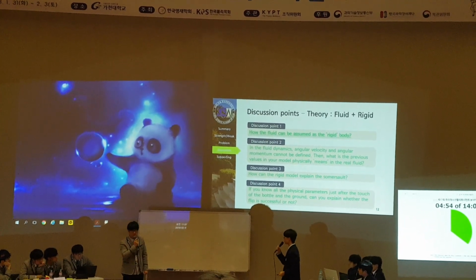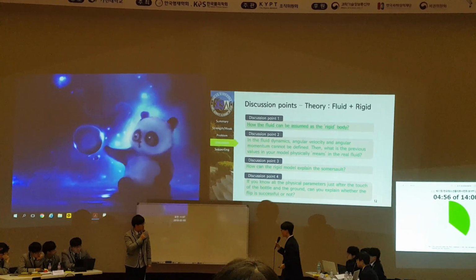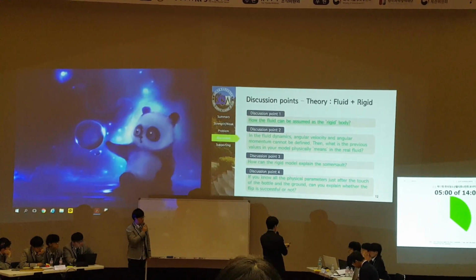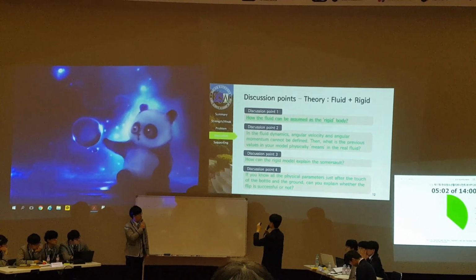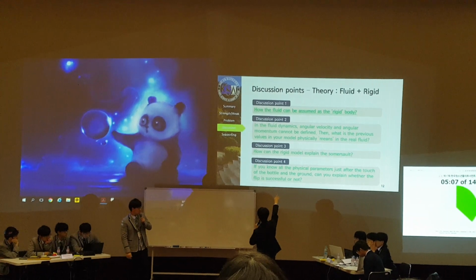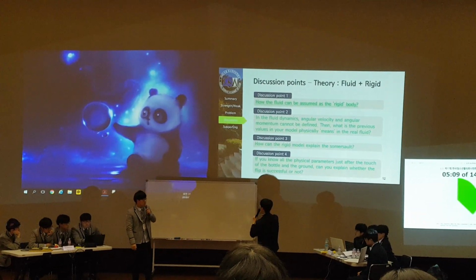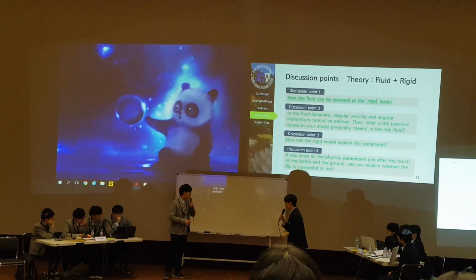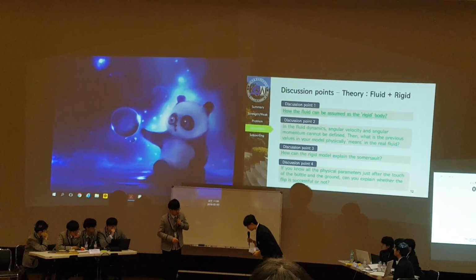In that aspect, I consider the liquid as a rigid body when considering the moment of inertia. So it means that in your model, you can suggest the angular velocity and angular momentum. However, in the real model, you cannot suggest any physically meaningful angular velocity and angular momentum values. Did I ever mention the angular velocity of the liquid?